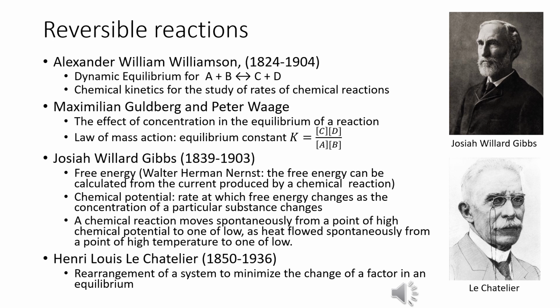Another important consequence of the work by Gibbs is that free energy is much easier to measure than entropy. For example, the physicist Walter Hermann Nernst found a way to calculate the free energy from the current produced by a chemical reaction, which is not the case for entropy.